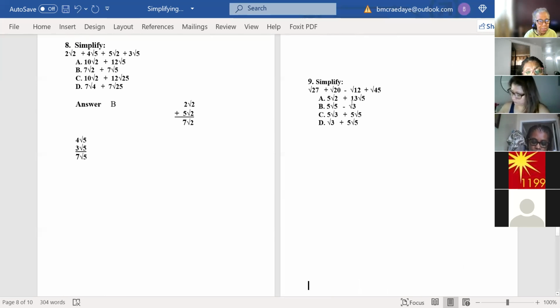So start with this one. Just put here square root of 27. You're going to simplify that one, right? That's equal to something. Then you're going to take the square root of 20.